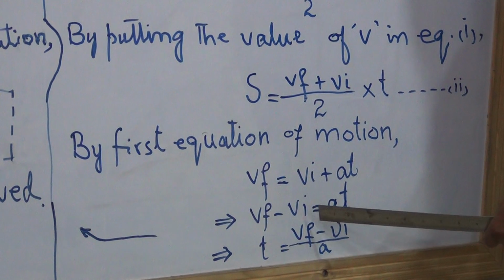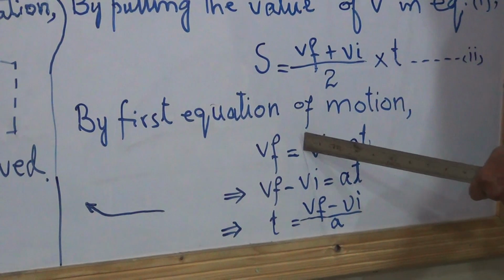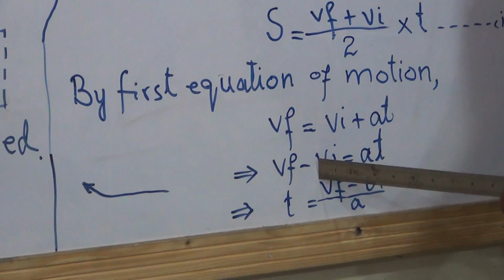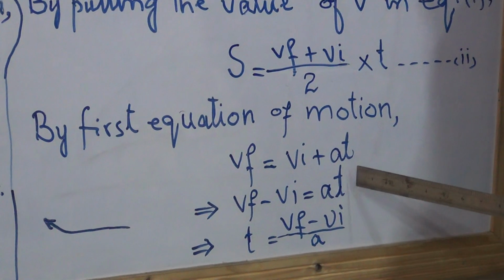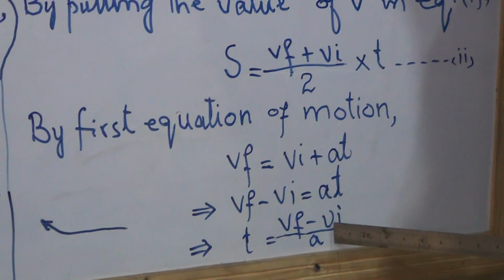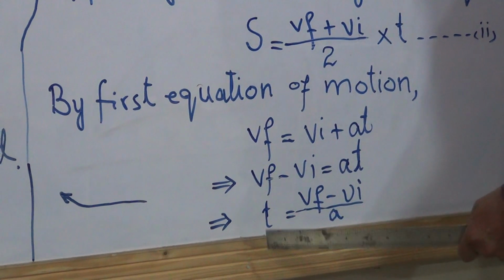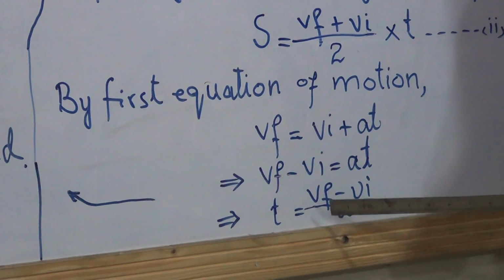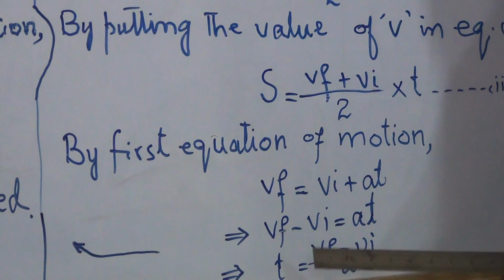Vf minus Vi is equal to At. Vi is positive, now here it will become negative, and t is multiplying with A. Now A will be divided with this Vf minus Vi and we will find the value of Vf minus Vi upon A. So it is the value of t.